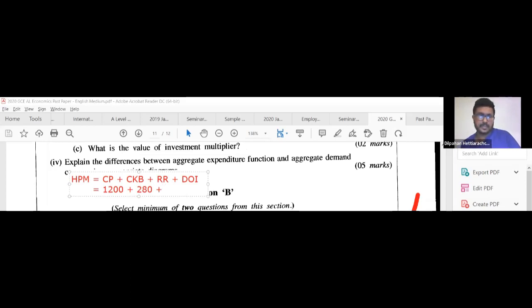Plus required reserves. Can you remember the required reserve equation? Deposit into SRR. How much is deposit? 5,200. Deposit is 5,200 into SRR. SRR is also given, 10%.